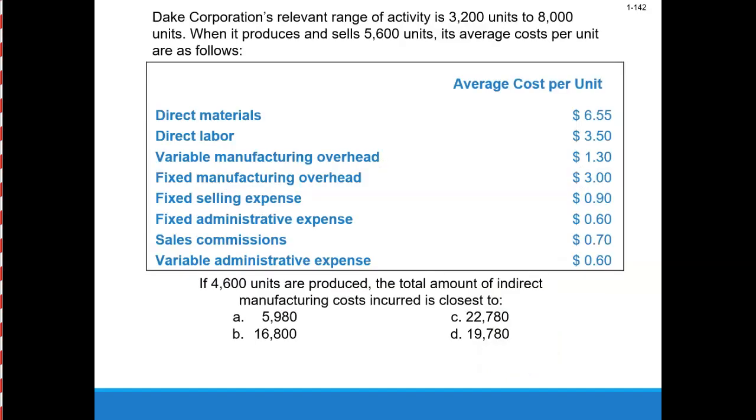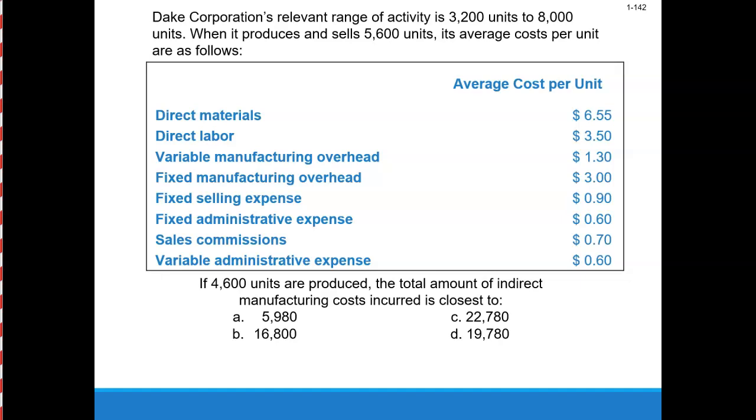Okay? So here we've got Dake Corporation's relevant range of activity is 3,200 units to 8,000 units. When it produces and sells 5,600 units, its average costs per unit are as follows.